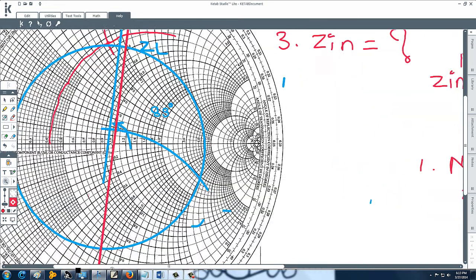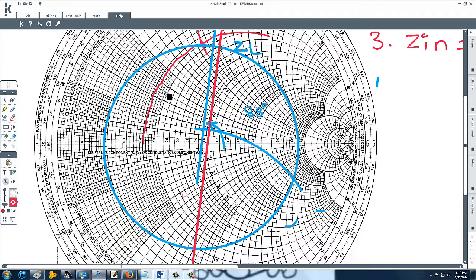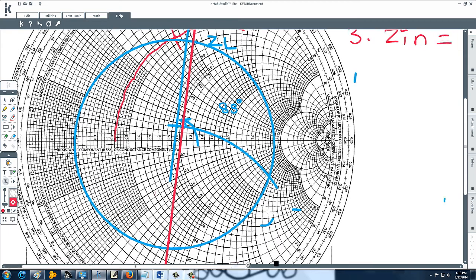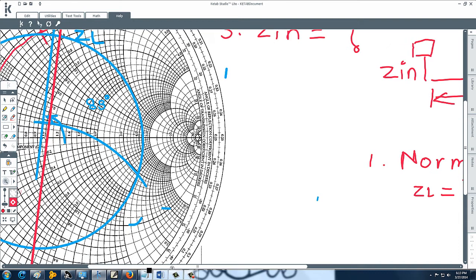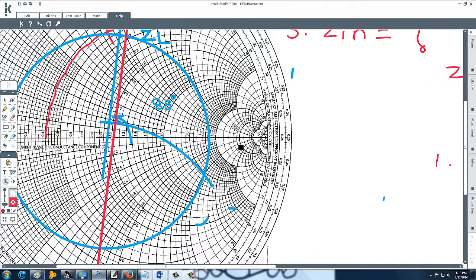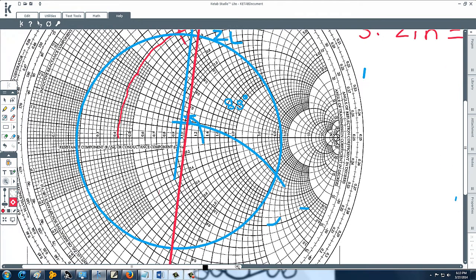If in the question Z in is given and we have to find ZL, we have to move towards the load, from Z in to ZL, and then you will choose the other direction. Now we are on the question.